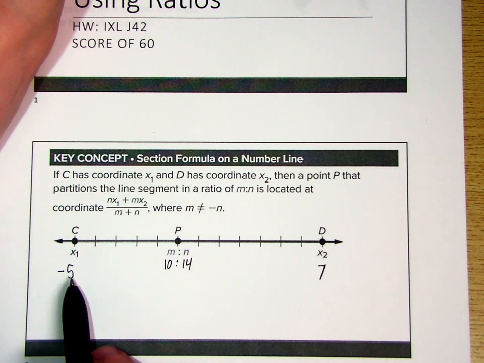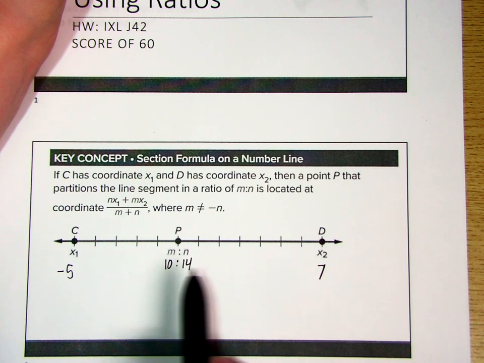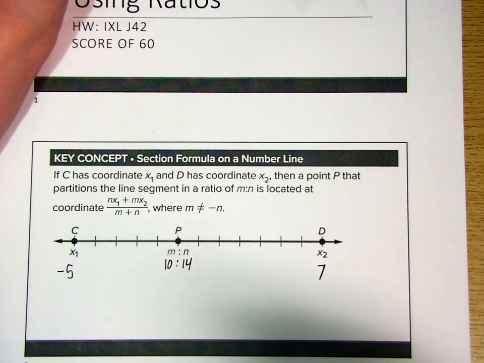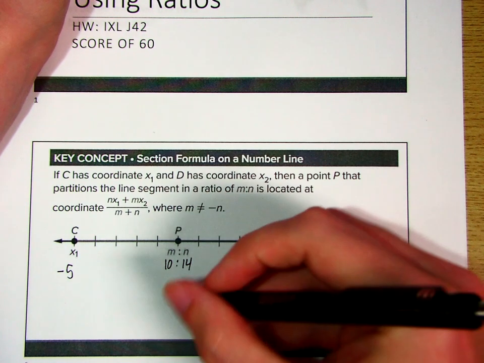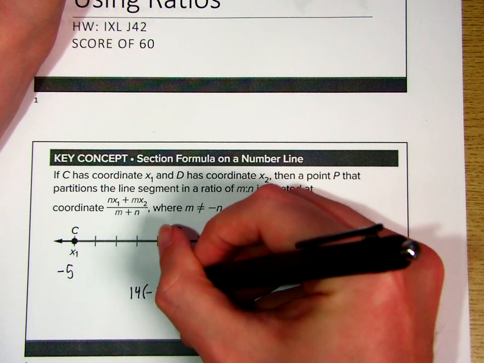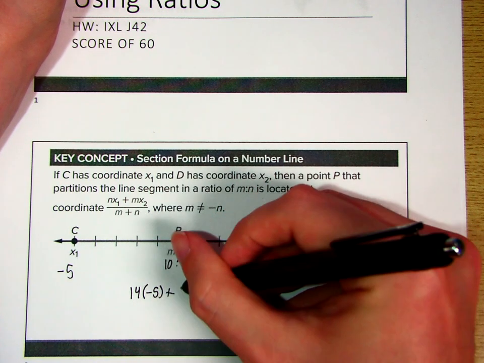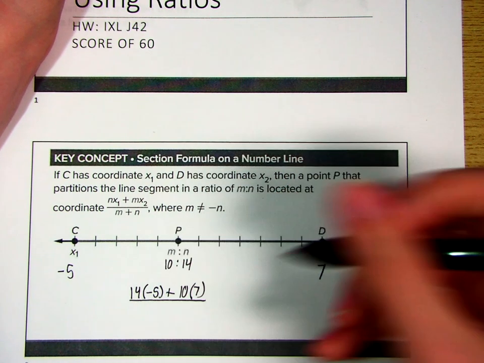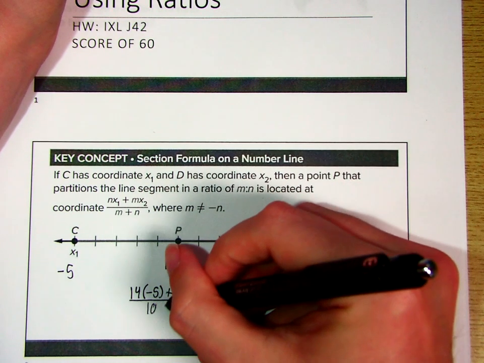All we'd have to do is take our numbers of x1, x2, m, and n, plug them into our formula to get a coordinate for us. We'd go 14 times -5 plus 10 times 7, all over 10 plus 14.